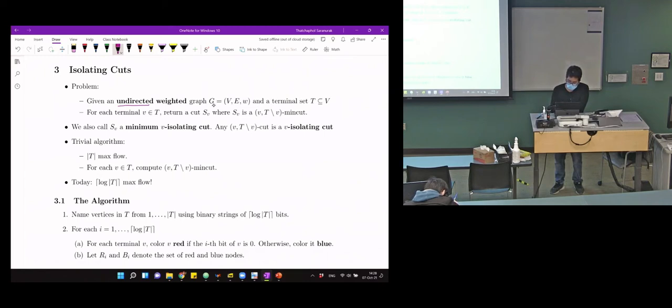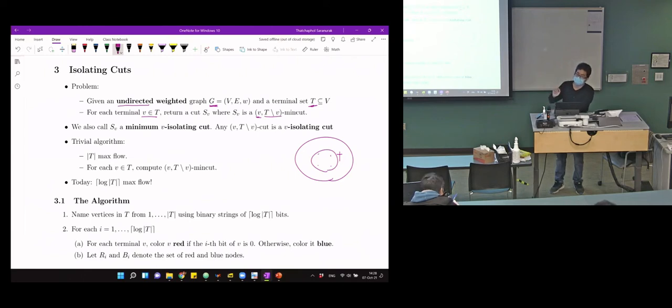So you have a graph G and some terminal set T. What you want to compute is, for every node V in the terminal set, the V, T minus V min cut.